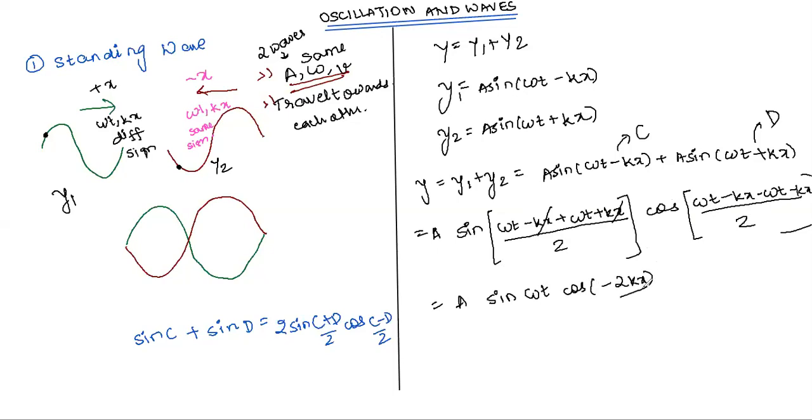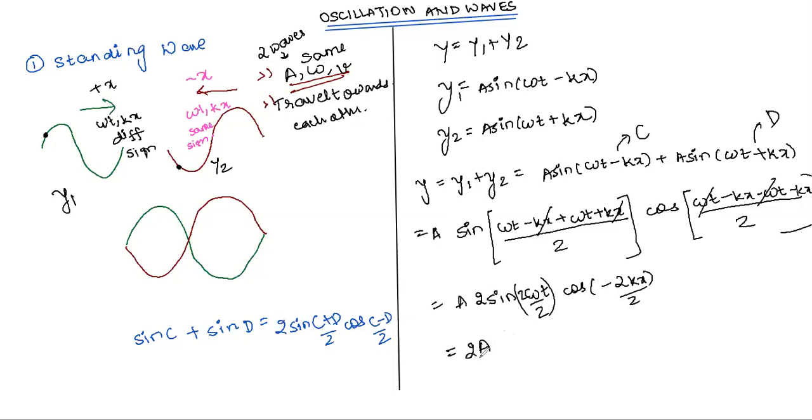Just a second. So this omega t and omega t gets cancelled. So I get a, instead we have here 2, so we'll add that 2 also.